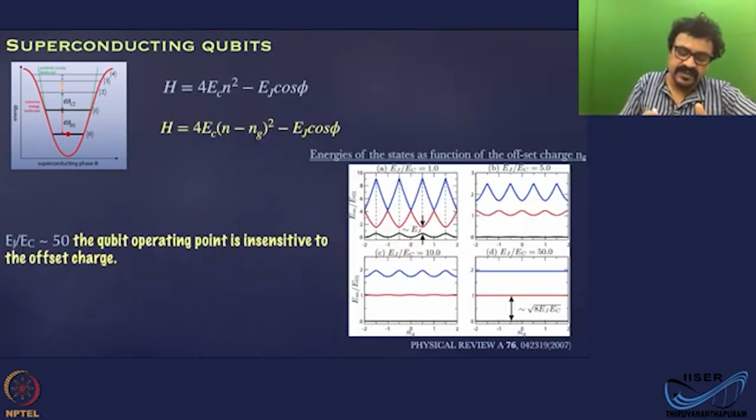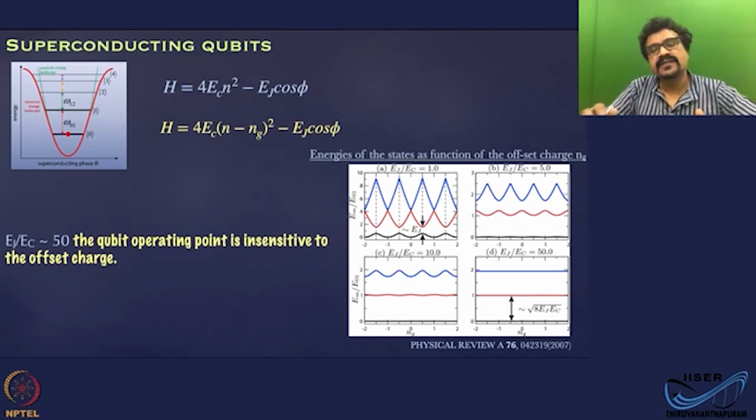So this is our original Hamiltonian, and this is our new Hamiltonian when you consider the offset charge. The idea here is to go to a regime where EJ by EC is something like 50. So let's look at what happens when you vary EJ by EC. Remember, I told you this Hamiltonian is now parabolic in Ng and sinusoidal in phi.